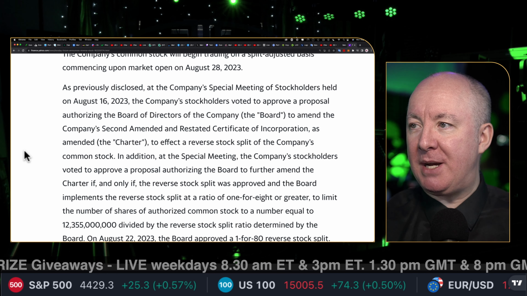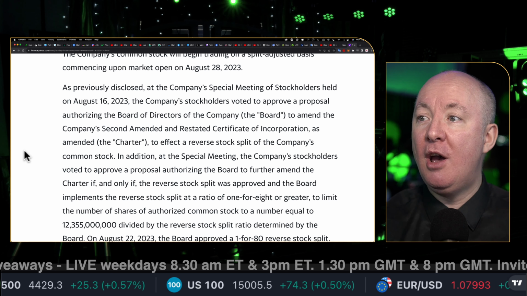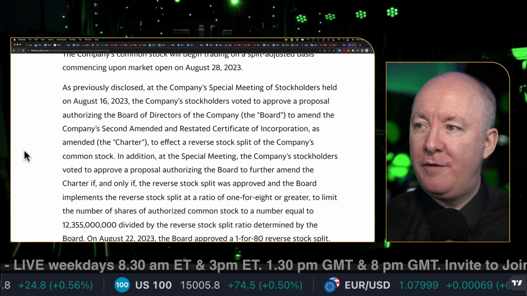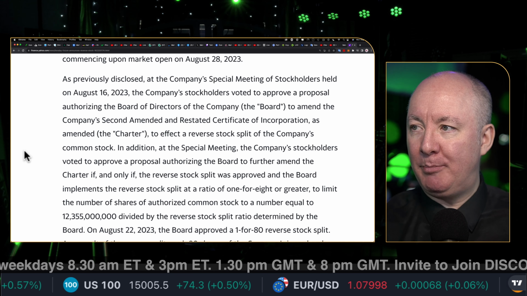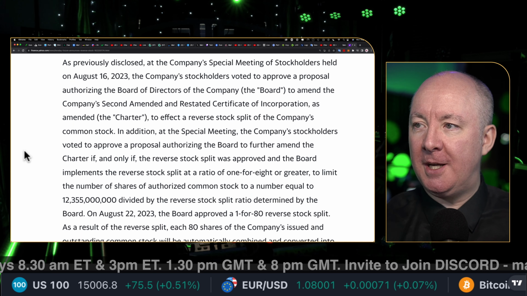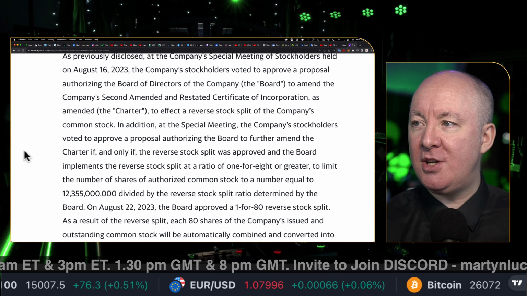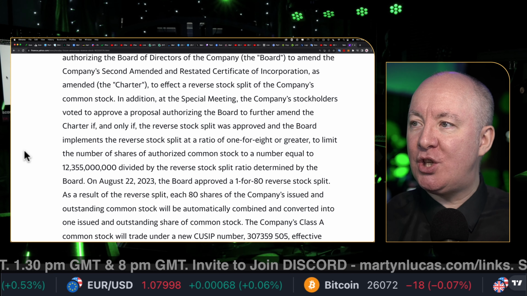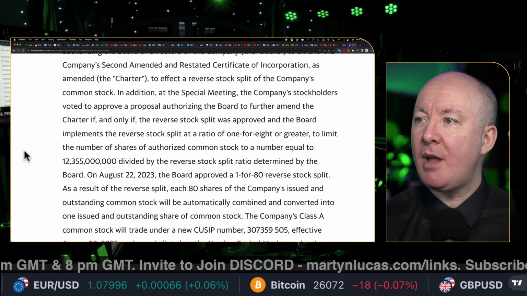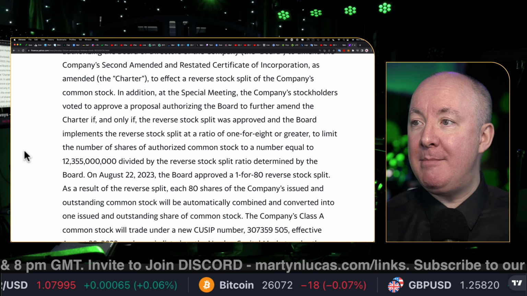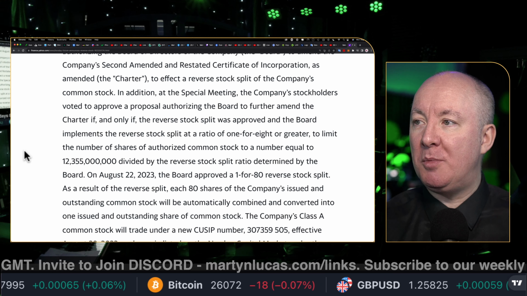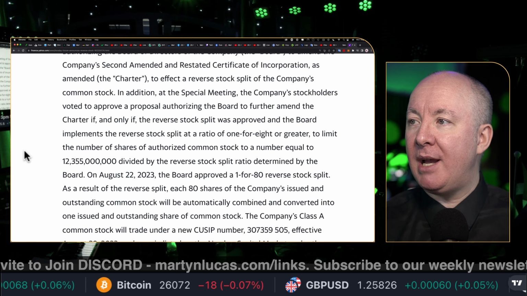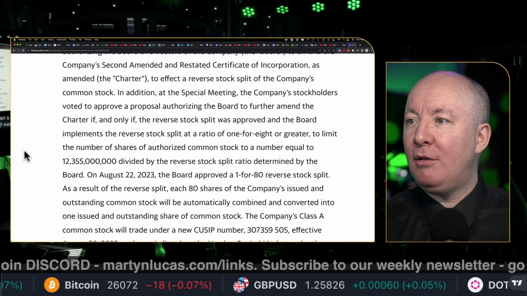In addition, at the special meeting, the company's shareholders voted to approve a proposal authorizing the board to further amend the charter, if and only if the reverse stock split was approved and the board implements it at a ratio of 1 for 8 or greater, to limit the number of shares of authorized common stock to a number equal to 12 million.